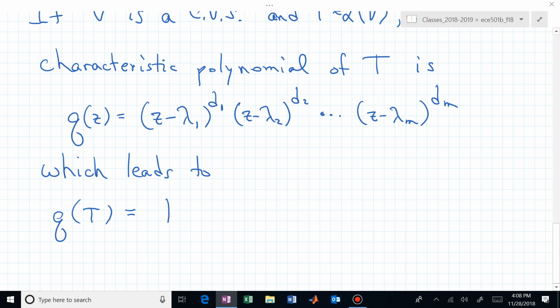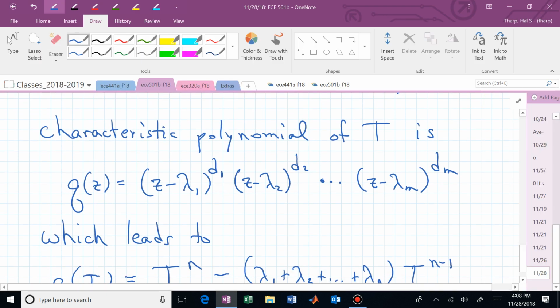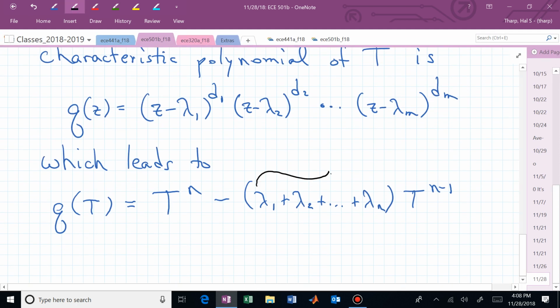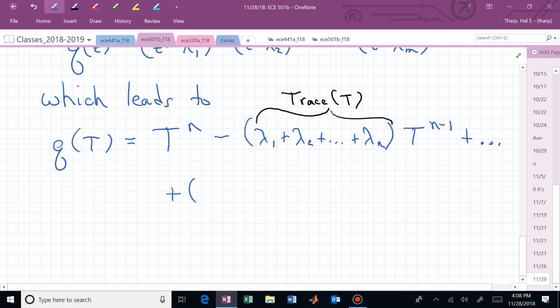Or we now have this: t to the n minus (lambda 1 plus lambda 2 plus ... plus lambda sub n) t to the n minus 1, and in fact this coefficient is the trace of our operator t, and we'll define that in a minute if we aren't comfortable with that, plus dot dot dot plus minus 1 to the n times lambda 1, lambda 2, and so on.